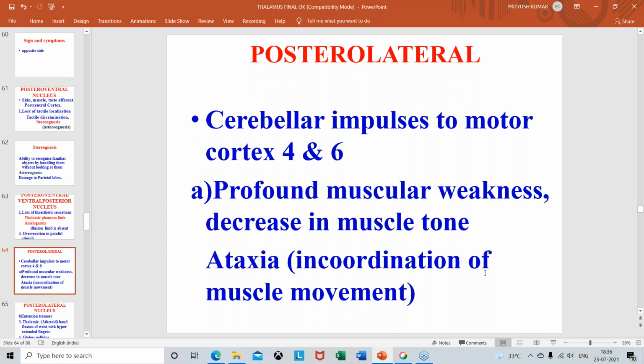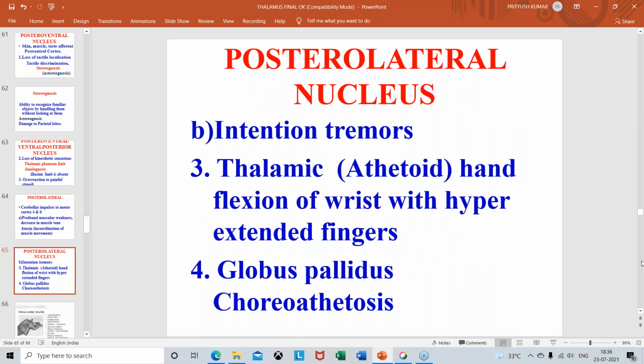Ataxia occurs because impulses coming from the cerebellum going to the motor cortex are affected. There is also intention tremor.